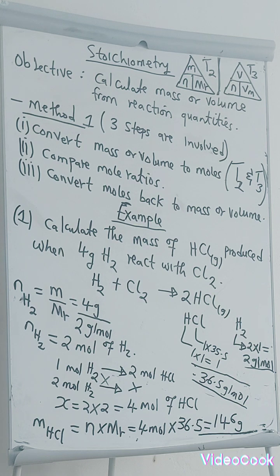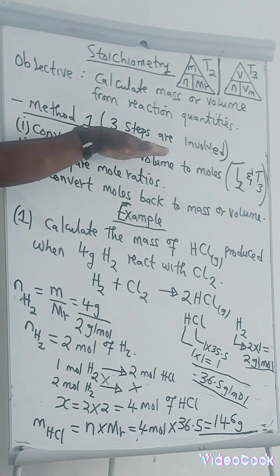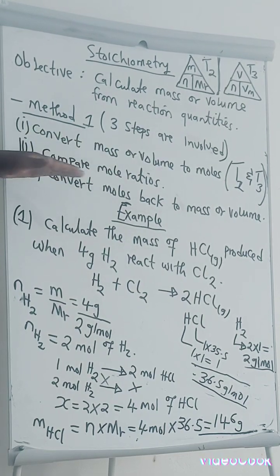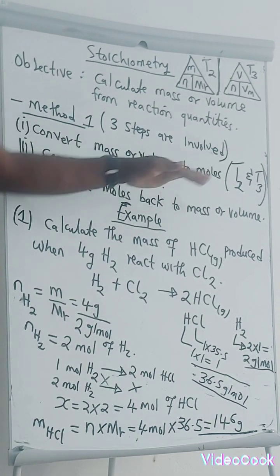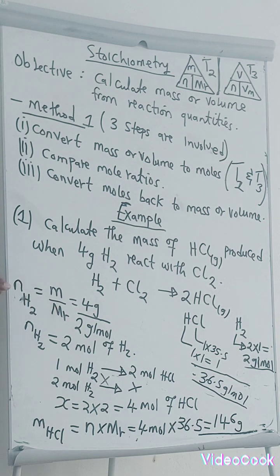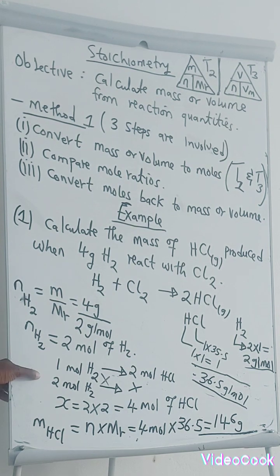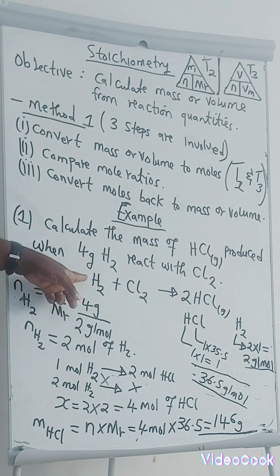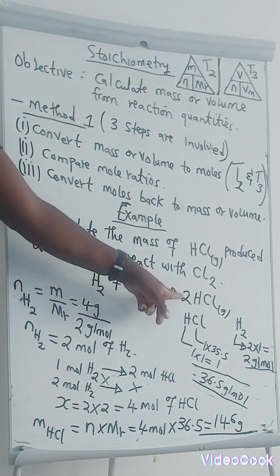So this has been method 1, which is to convert mass to moles, then compare the mole ratios, then convert moles back to mass of the molecule. First we converted the mass given to moles. Then we compared the mole ratios from the equation, which is 1 to 2.